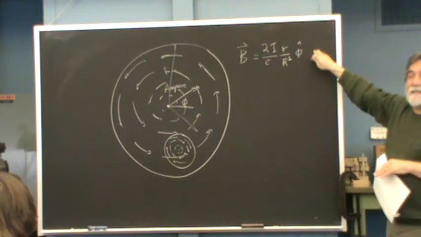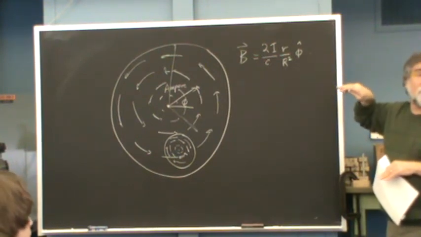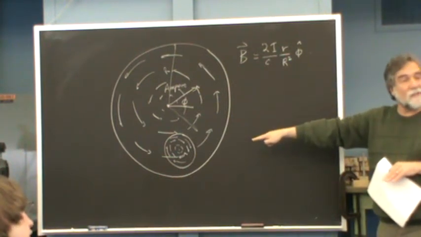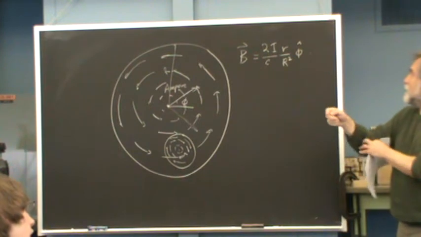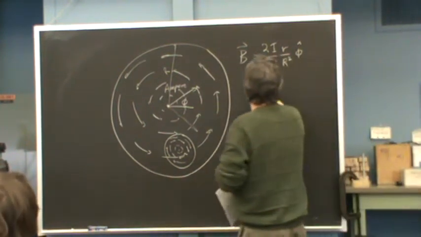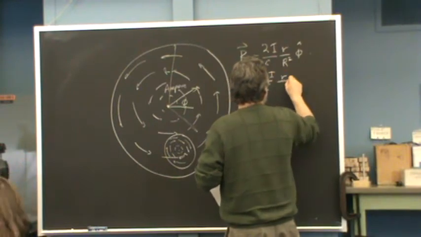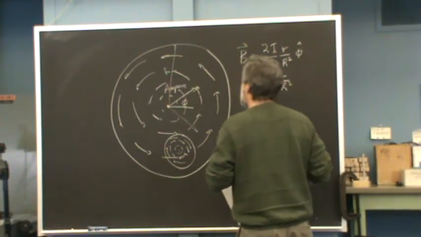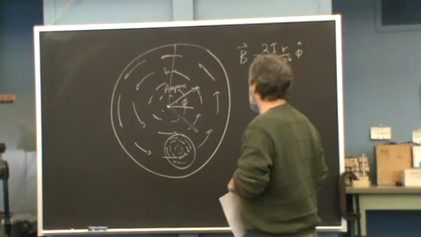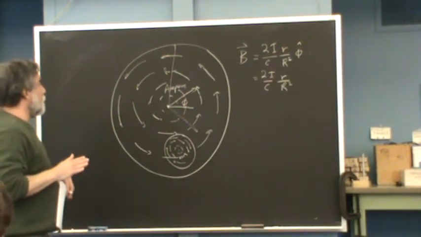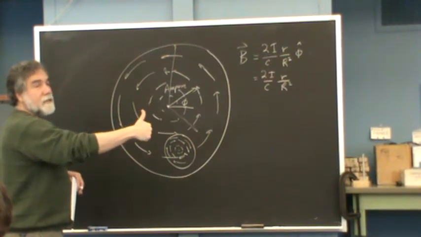I'm going to write this slightly differently in order to help you with the subtraction, but I'm not going to actually do that. This actually is 2I over C, r over R squared, phi hat is actually z hat cross r.